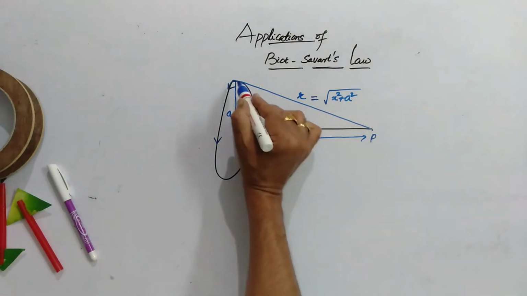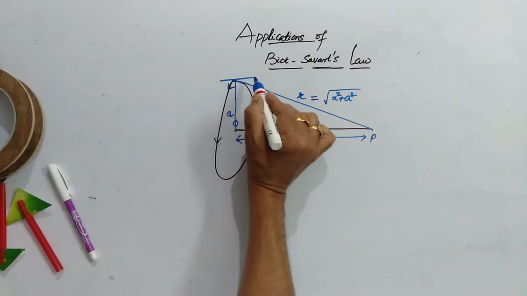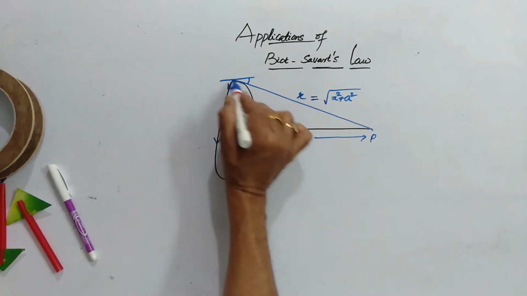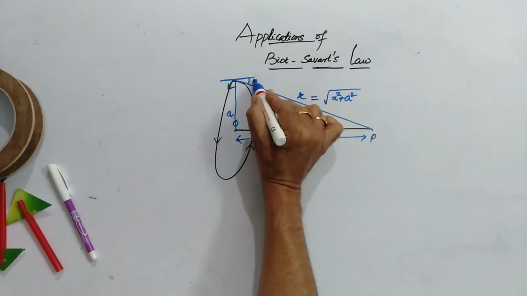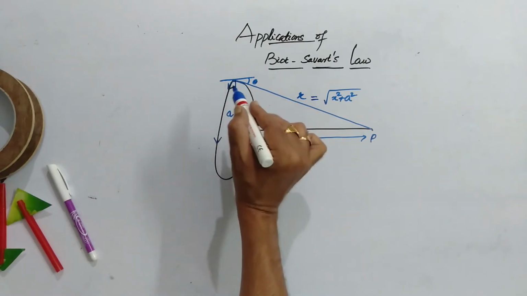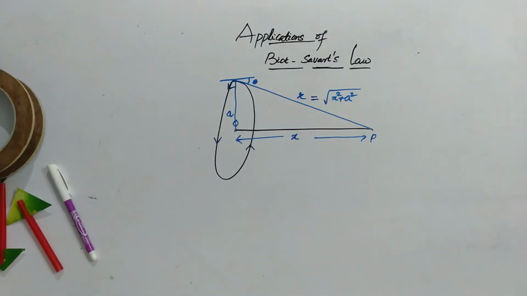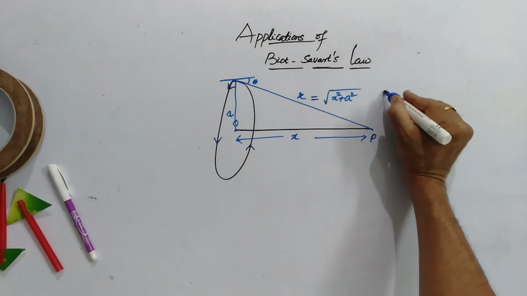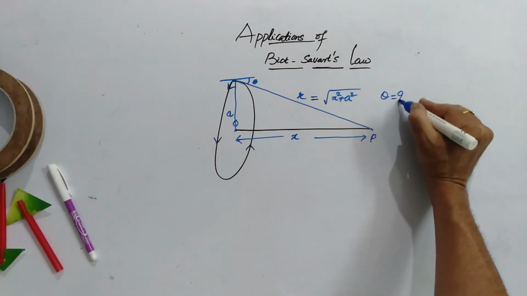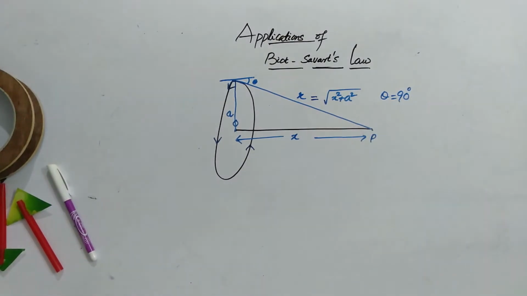Now you have to find out the angle between the current element, which is tangential, and this radius vector R. So in this case, the angle theta is 90 degrees. It is really tough to imagine the angle theta to be 90 because it is on a two-dimensional surface.